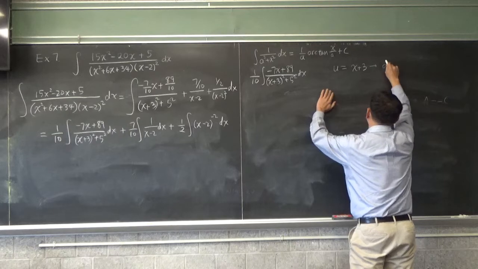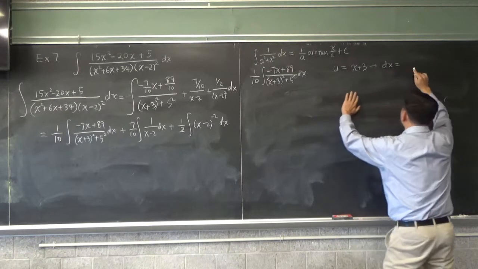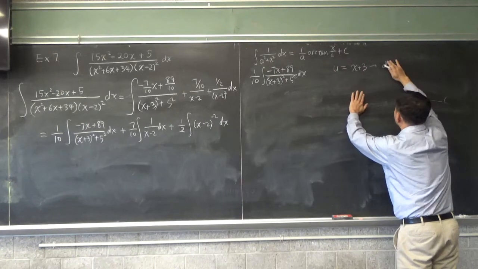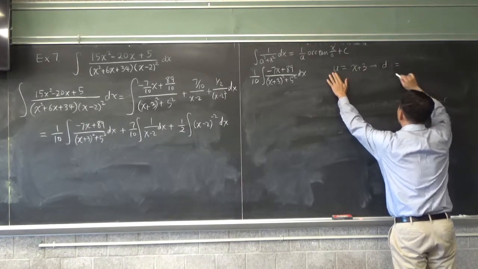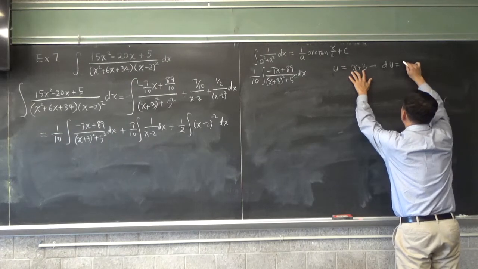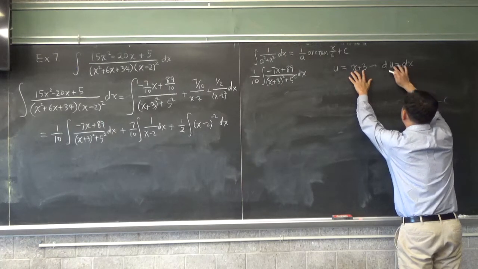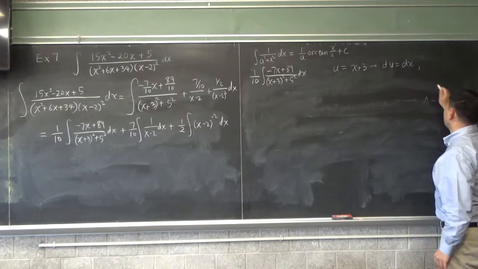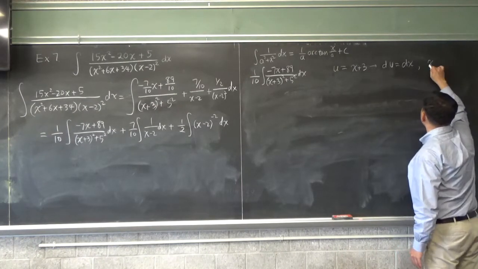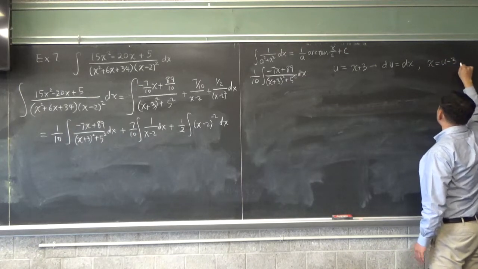If I differentiate the left side, du is equal to just 1 times dx, right? And if I solve this for x, x is u minus 3.